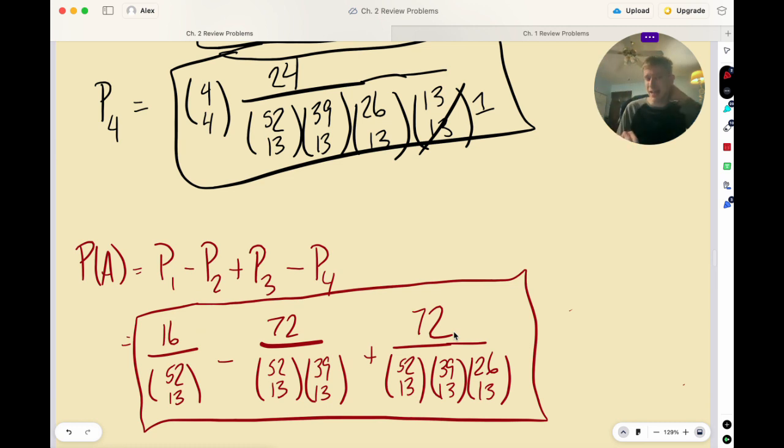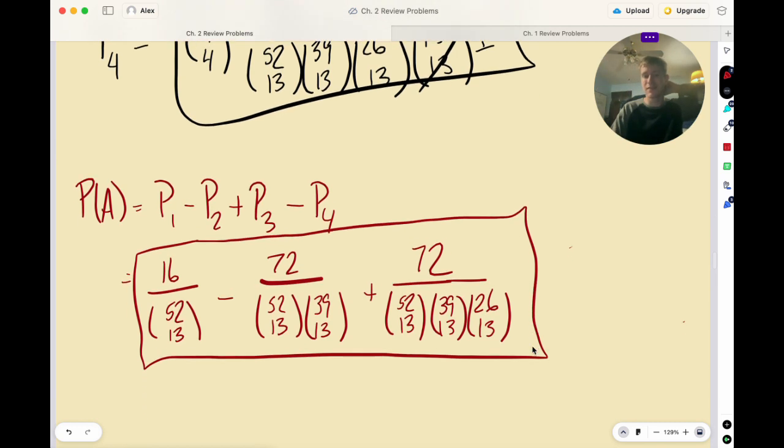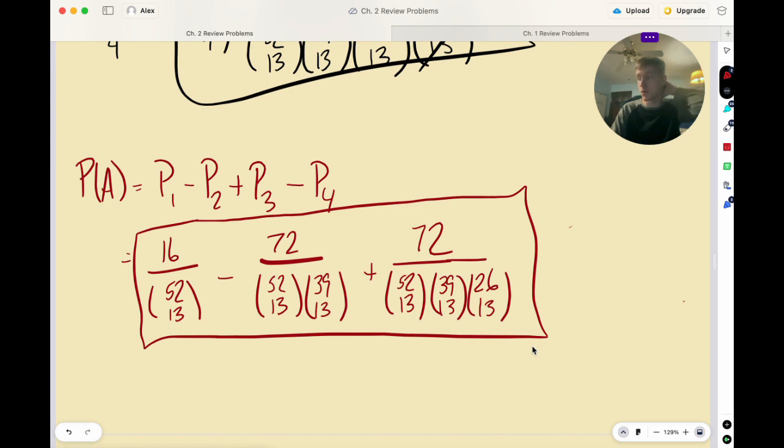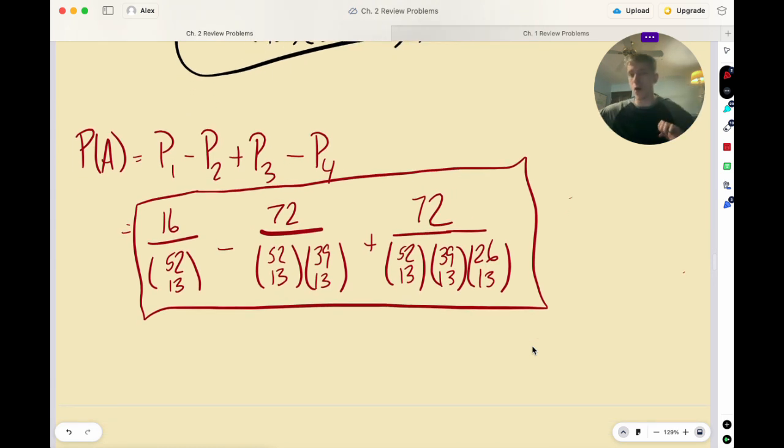Unfortunately, exact isn't so good because we have a lot of factorials in here. It turns out that when you simplify all of this, you're going to have 3 terms. And it turns out that this term is the most significant term.